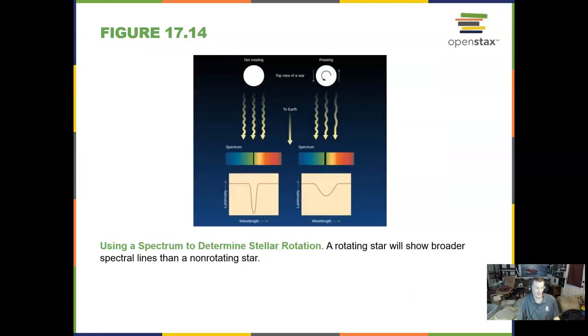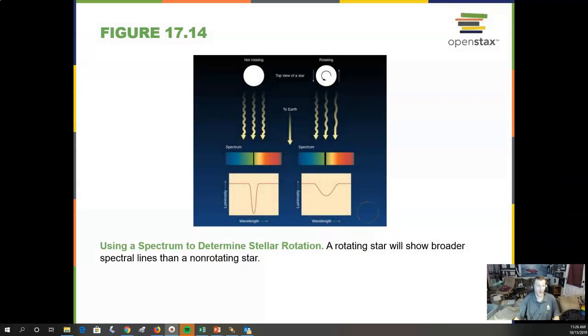We can also use a spectrum to tell if a star is rotating. Because if a star is rotating, then we can see one side coming towards us. Remember, what kind of shift is that? That is a blue shift. If it's coming towards me, that slinky gets smaller.